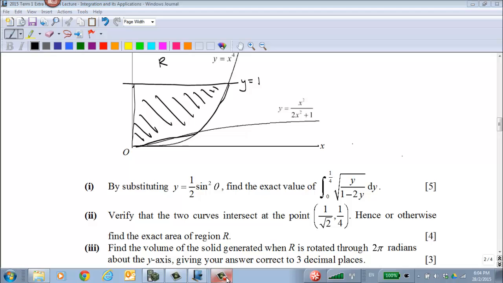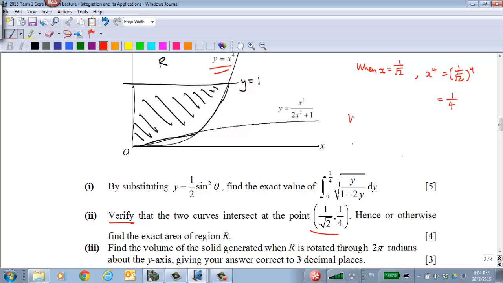Okay, the next part of the question is that we need to verify first that this point is the intersection of both curves. Now, because it's a verification type of question, we can use this answer in our working. So what do I mean? I can do something like this. When x equals 1 over square root 2, I find out what is x to the power of 4, which is 1 over square root 2 to the power of 4, giving you 1/4. And this means that this point is on the first curve.